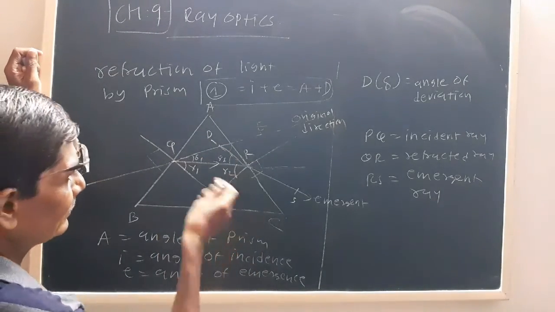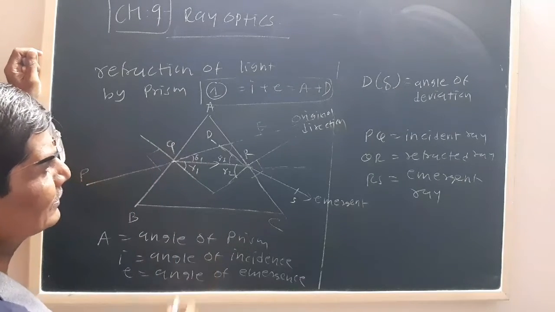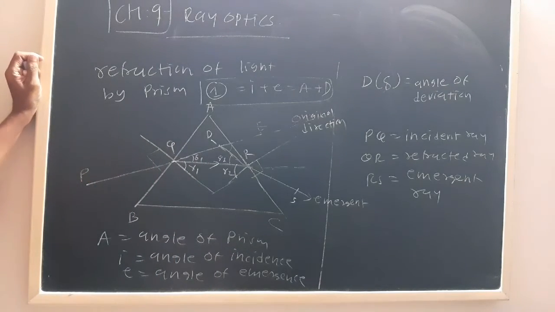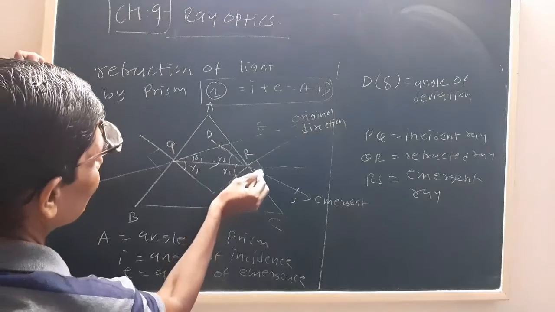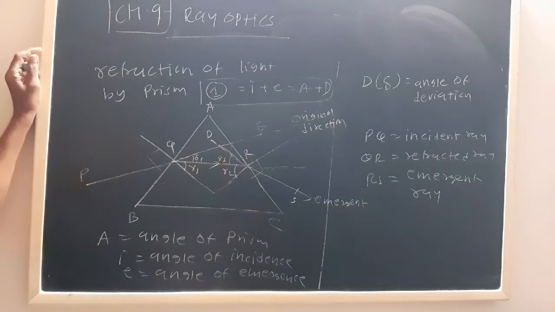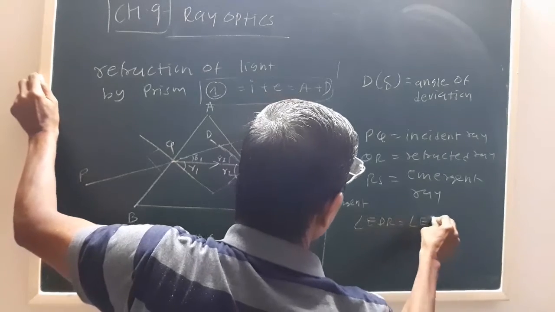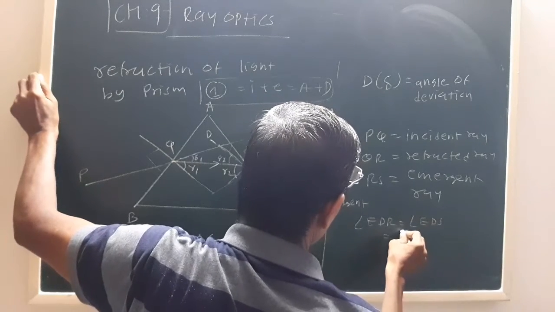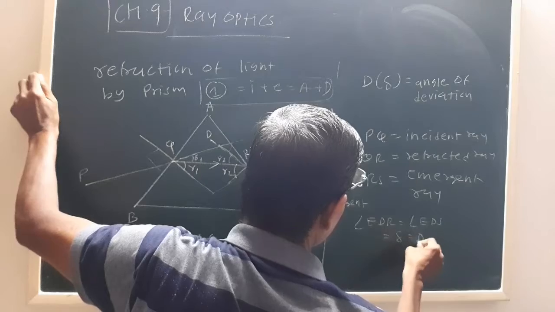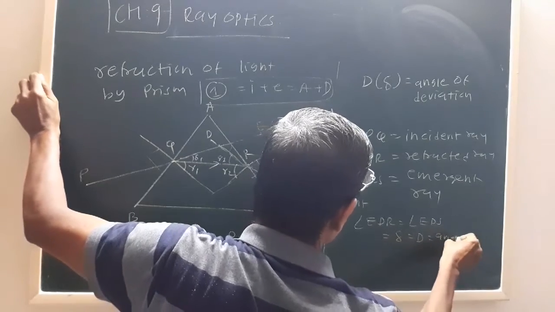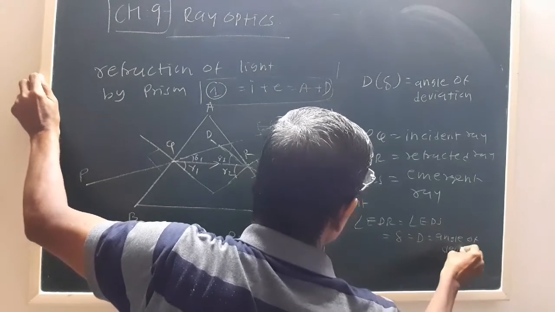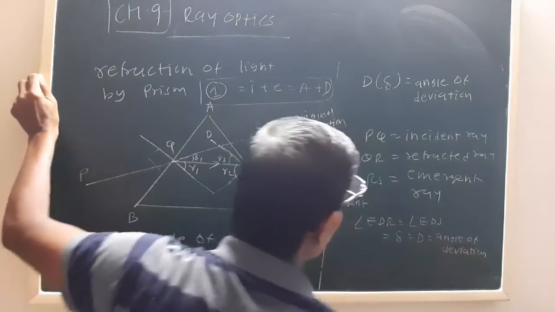Okay, this angle EDR, we consider this as a straight line. Then angle EDS is delta, or we can say D is the angle of deviation. See, what is the angle of deviation?